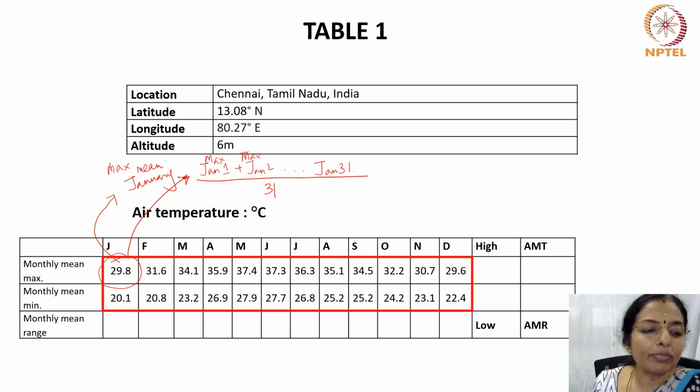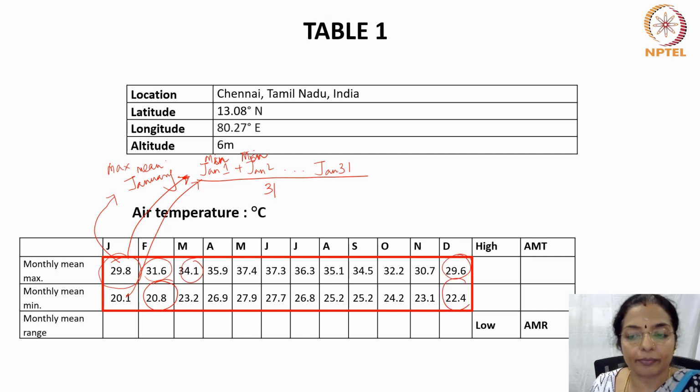The same thing, the minimum temperature average. So this will become minimum, and that average is here. Like this, we should fill in the monthly mean maximum and monthly mean minimum for each of the 12 months.